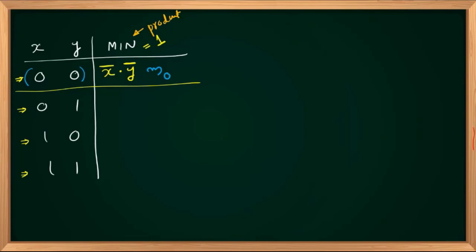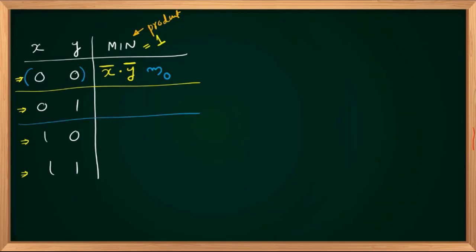It will take hardly 5 or 10 minutes, but it will be helpful for you all while learning digital electronics, the upcoming portions. So the product term corresponding to x equal to y equal to 0, and that should return a 1. The expression will be x bar dot y bar, and the index corresponding to the decimal equivalent of the first combination, that is 0, 0. Decimal equivalent is 0, so M0, correct?